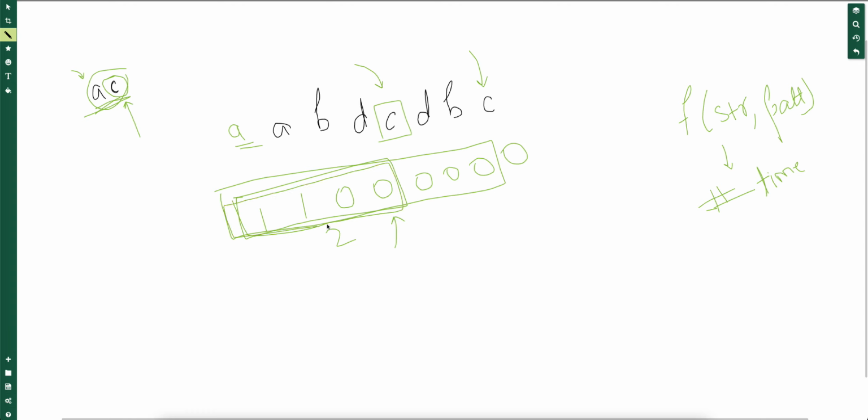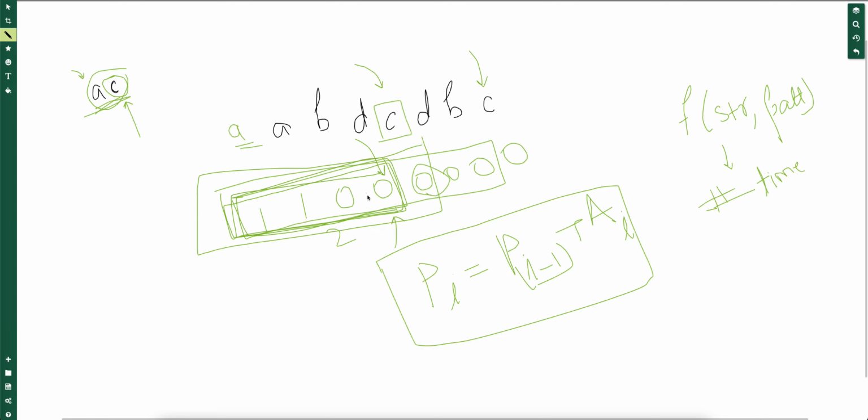Now, how to calculate it is simply, let's say we have the prefix sum until here, and we want to calculate the sum until here. That is nothing but looking at the prefix sum and adding that entire thing to our answer.